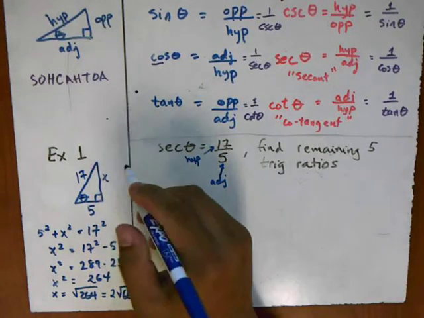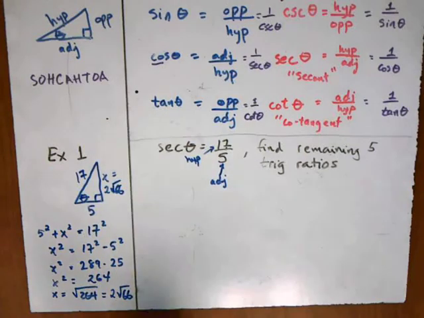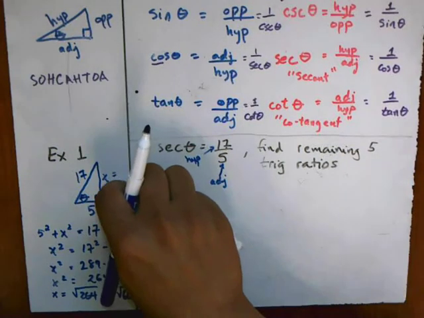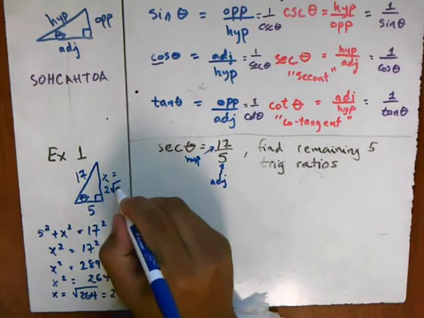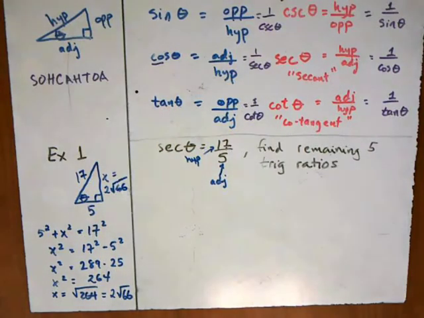Okay, so this side here is 2 square root of 66. So now we have all 3 sides figured out, and we can proceed with the problem. Let me write this 66 a little bit neater here. Square root of 66. Okay.